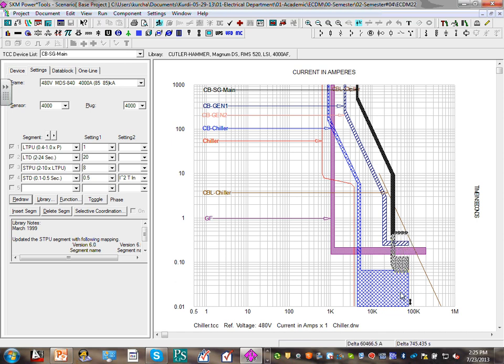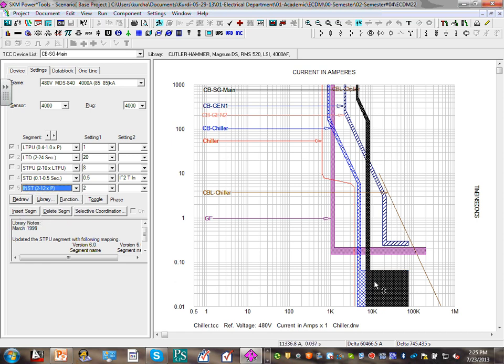Now I'm disabling it. I can drop it all the way down to the bottom. If I bring my instantaneous, here's my instantaneous leg here, it will drop it all the way to the bottom here. And that's either you do that, or you have the function, or you have the maintenance switch.